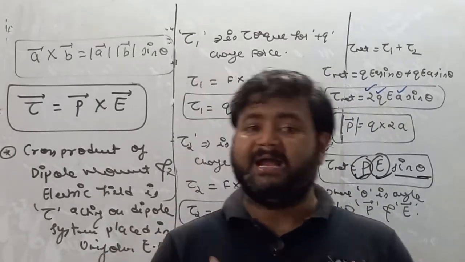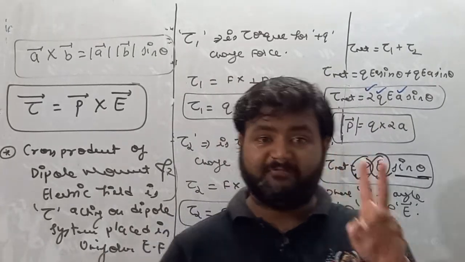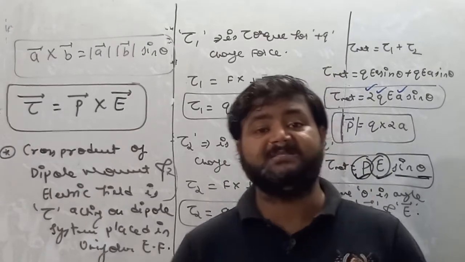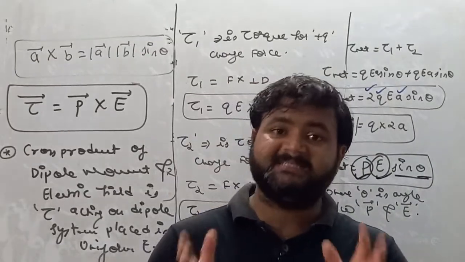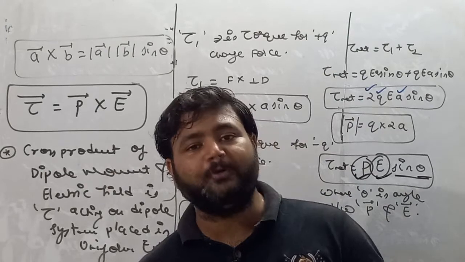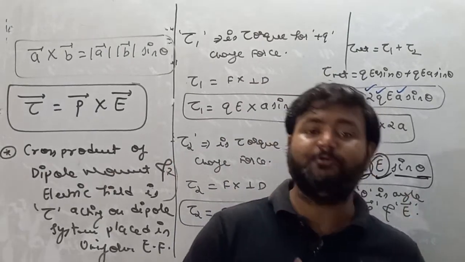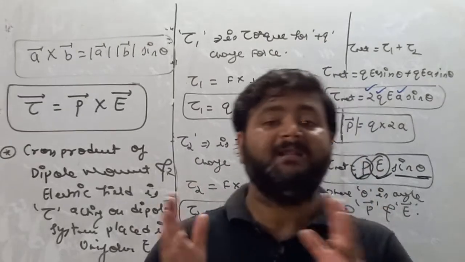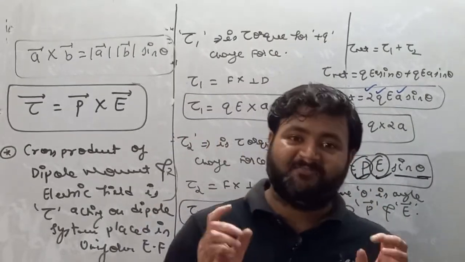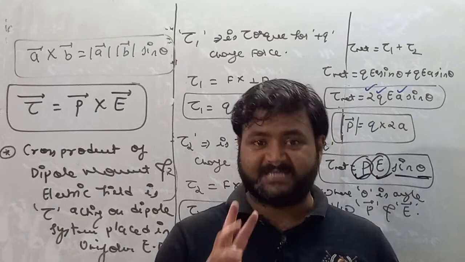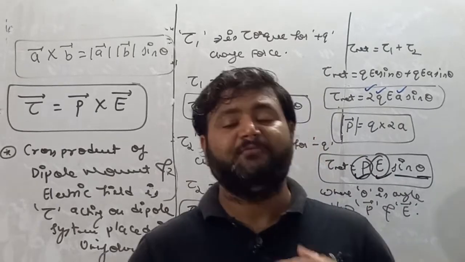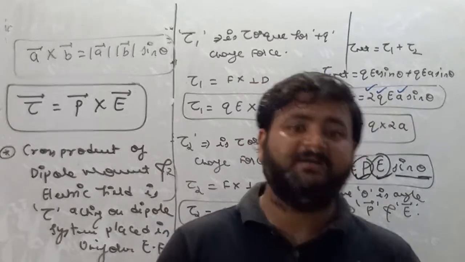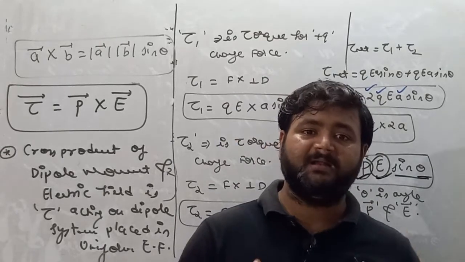Put in formula and find the torque. Here we have two torques because two forces acting on body, or we can say dipole system, and due to both the force, dipole system is performing rotational motion. That's why I'll find torque of both the forces, and then we'll add it because we wish to find net torque which is acting on dipole system.